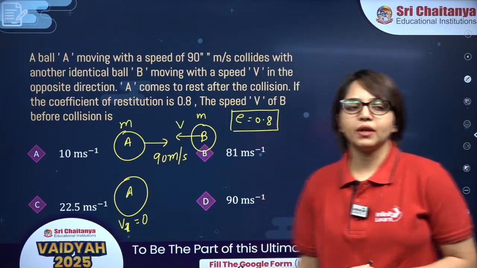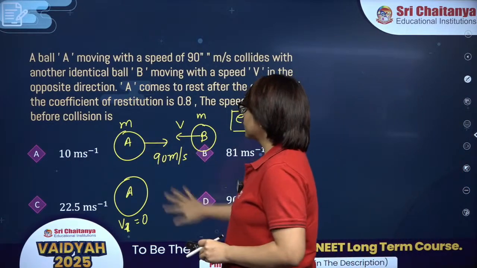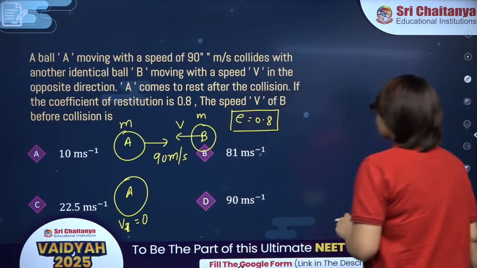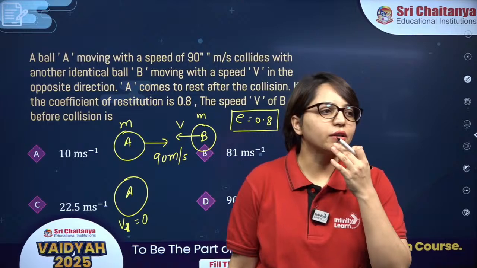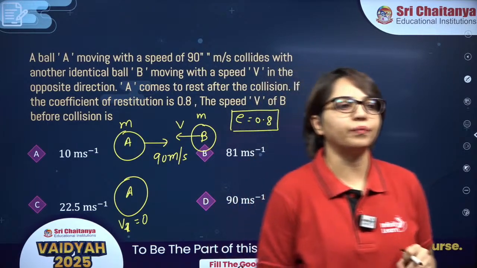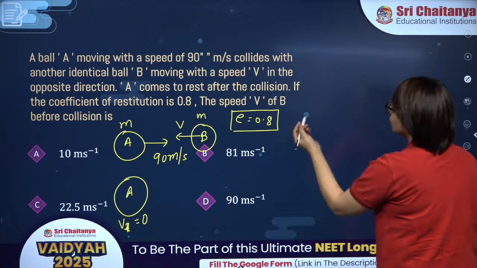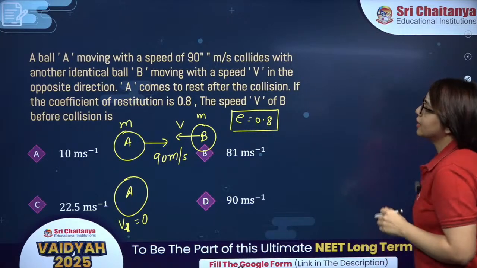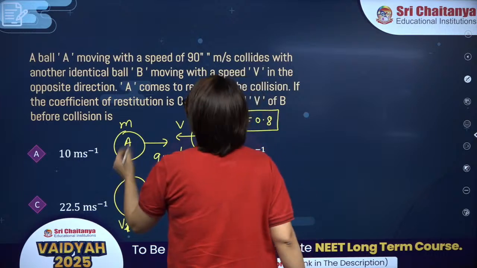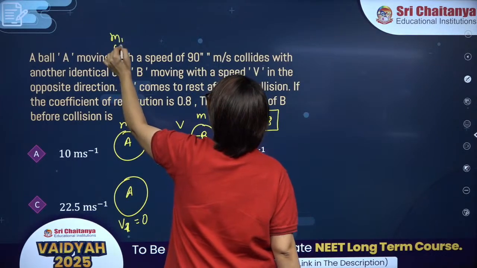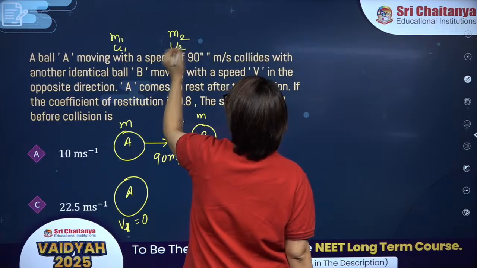So you have to find the speed v of ball B before the collision. For this, you can apply the shortcut directly. If you know this formula, for example, this is mass 1, this is mass 2. Mass 1 has mass m1 and initial velocity u1, m2 has initial speed u2.